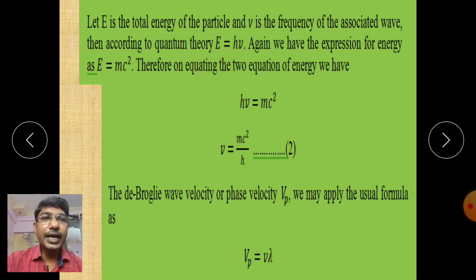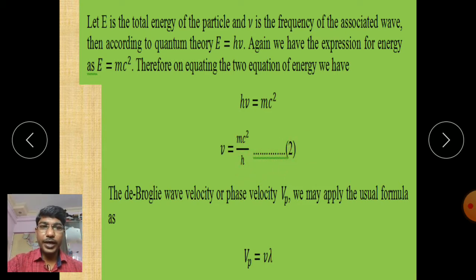Again we have an expression for energy as E is equal to mc square, where m is the mass and c is the velocity of light. Therefore, equating these two equations, E is equal to h nu and E is equal to mc square, we get h nu is equal to mc square, and nu is equal to mc square upon h. This is equation 2.